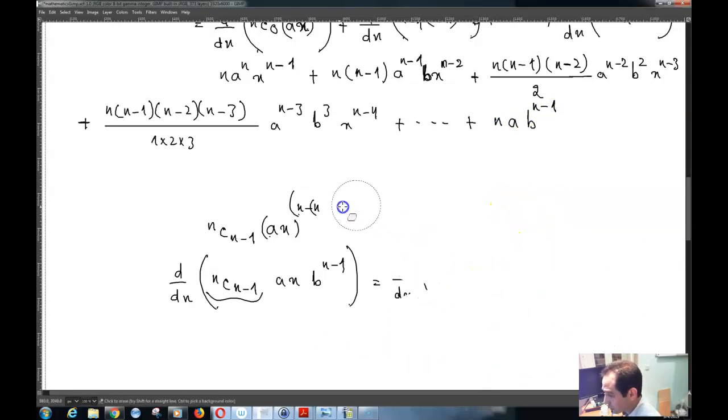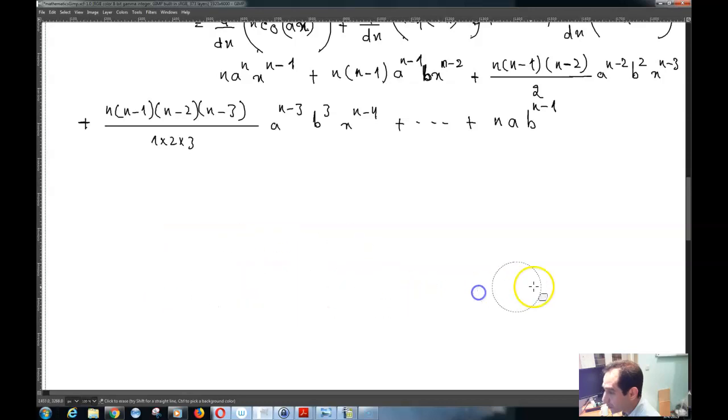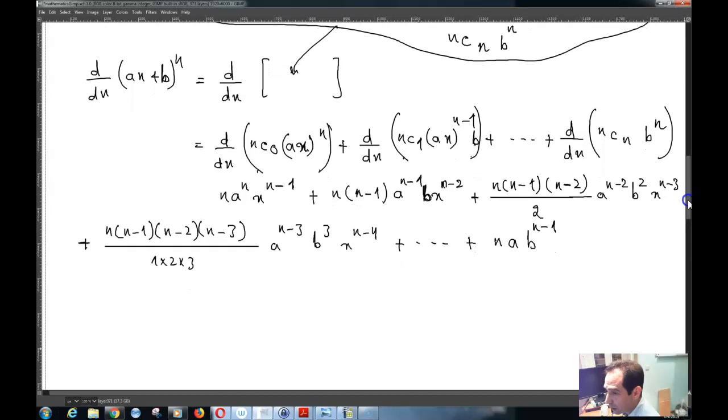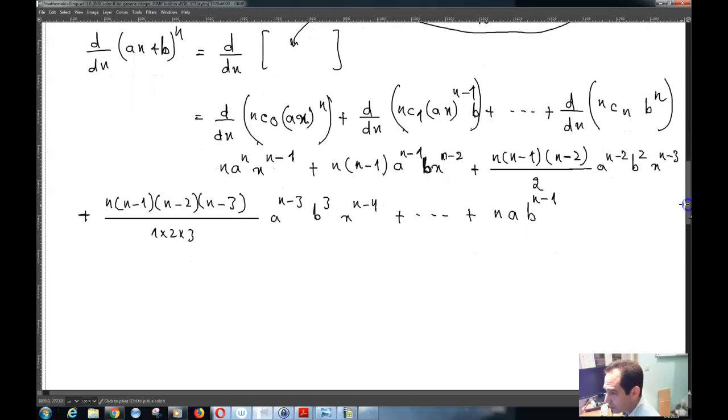So that's basically the derivative of ax plus b raised to the power n.